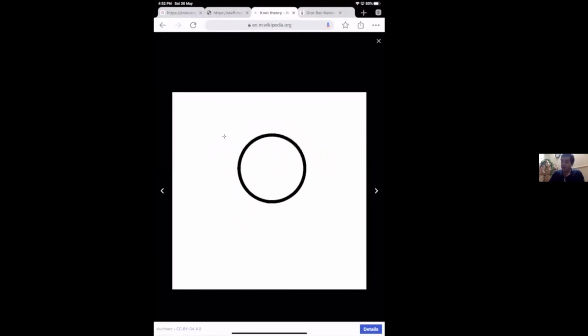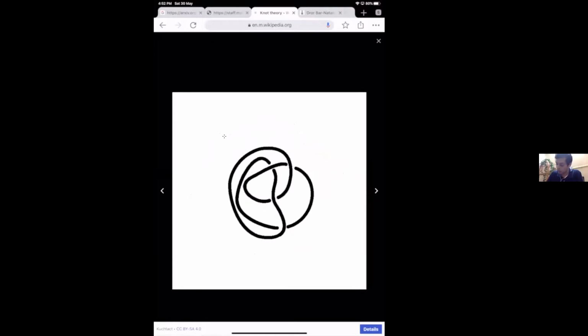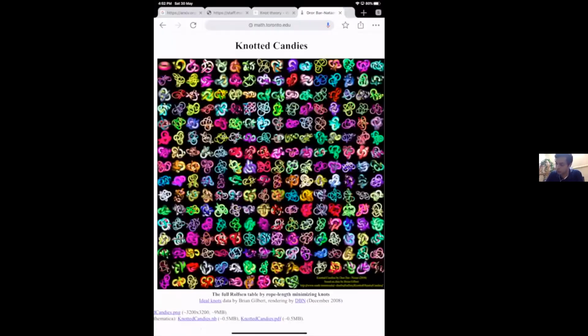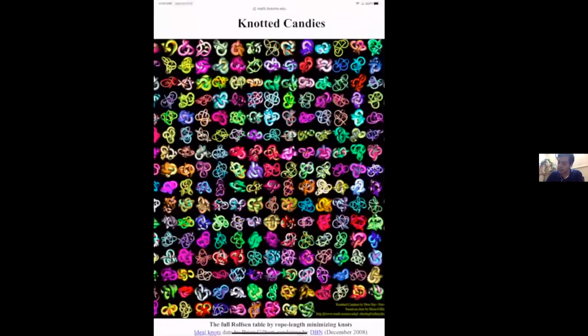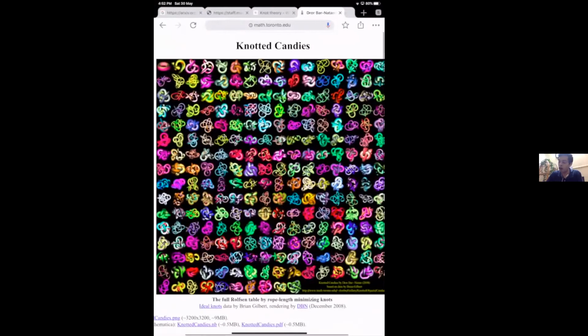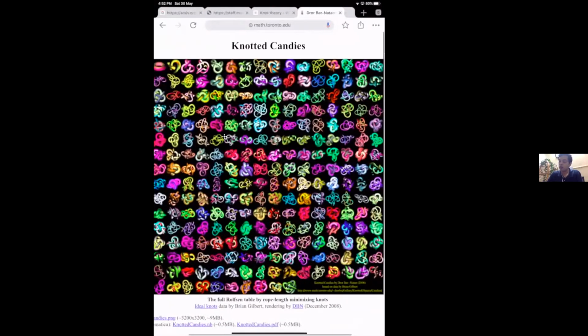Oh, by the way, let me show this right away. Here's a table. The basic problem in knot theory is to understand when two knots are equivalent and when they're not.